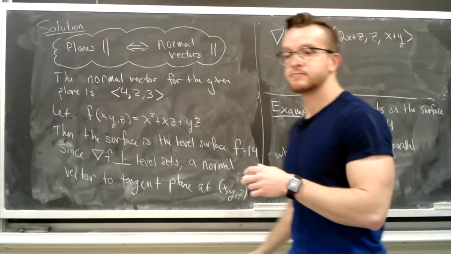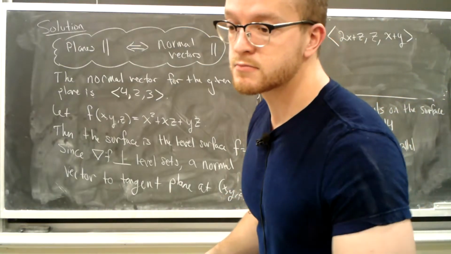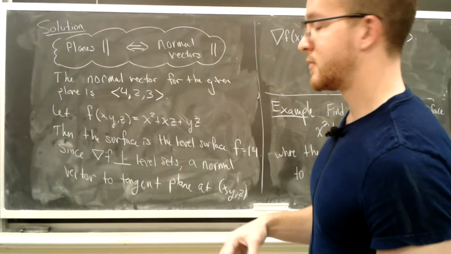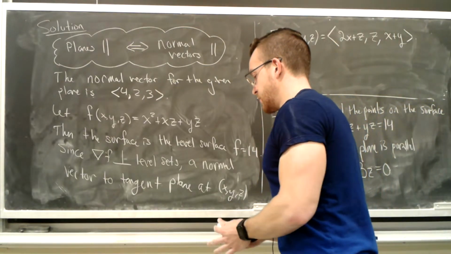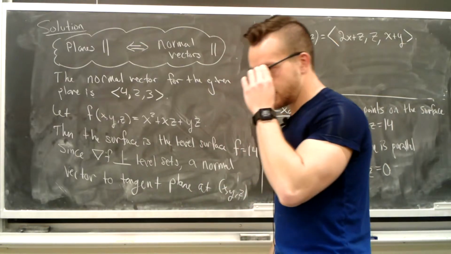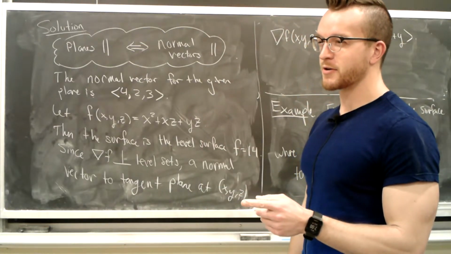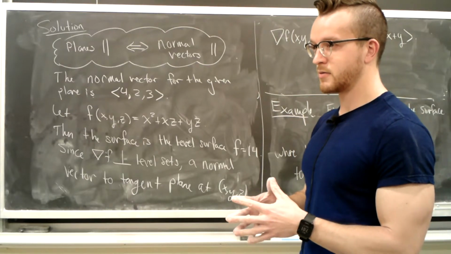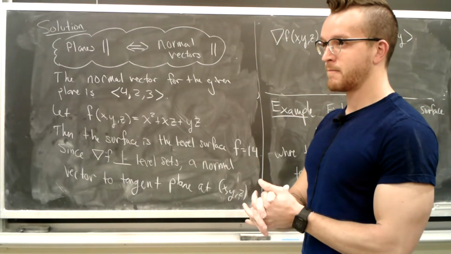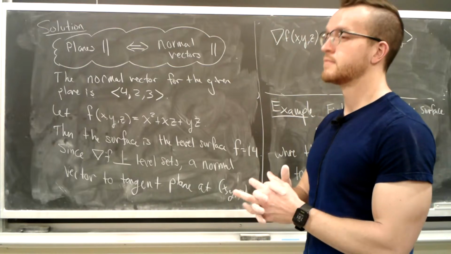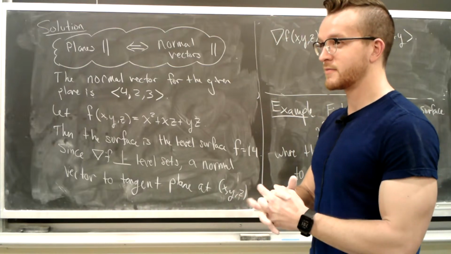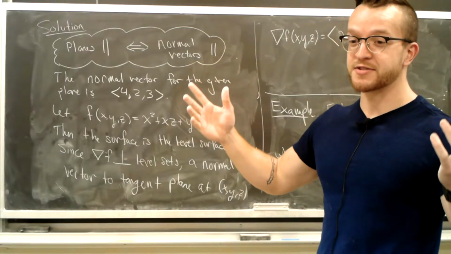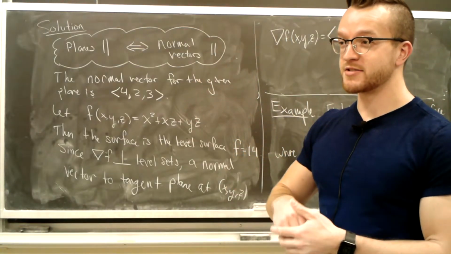Once you're into a certain number of variables, what does it mean for the gradient to be perpendicular? The gradient is perpendicular to the level curve in two variables, and to the level surface in three variables. In higher dimensions, the principle still holds; you just can't visualize it.